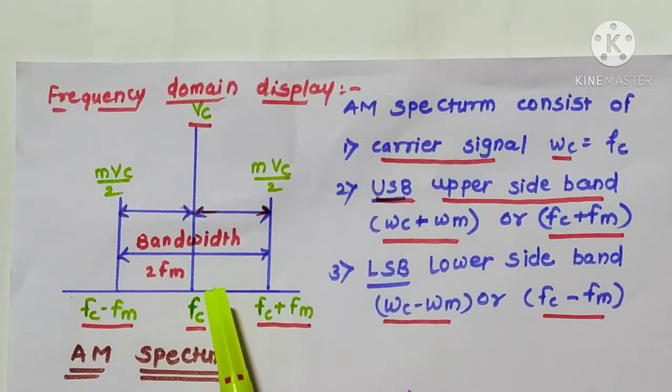Most of the power in an amplitude modulated signal is in the carrier, but the useful power is only in the sidebands, upper sideband and lower sideband. For 100% modulation, only one third of the total power is carried by the sidebands.